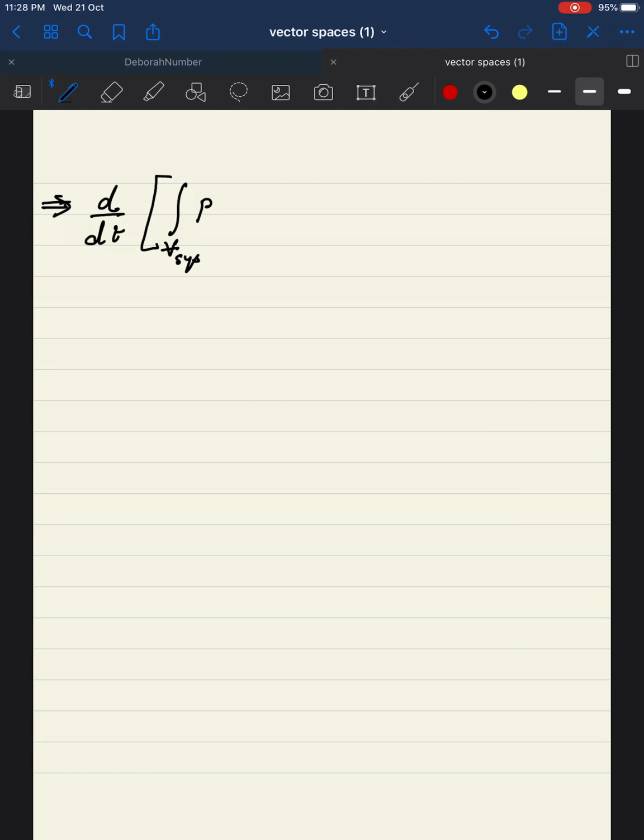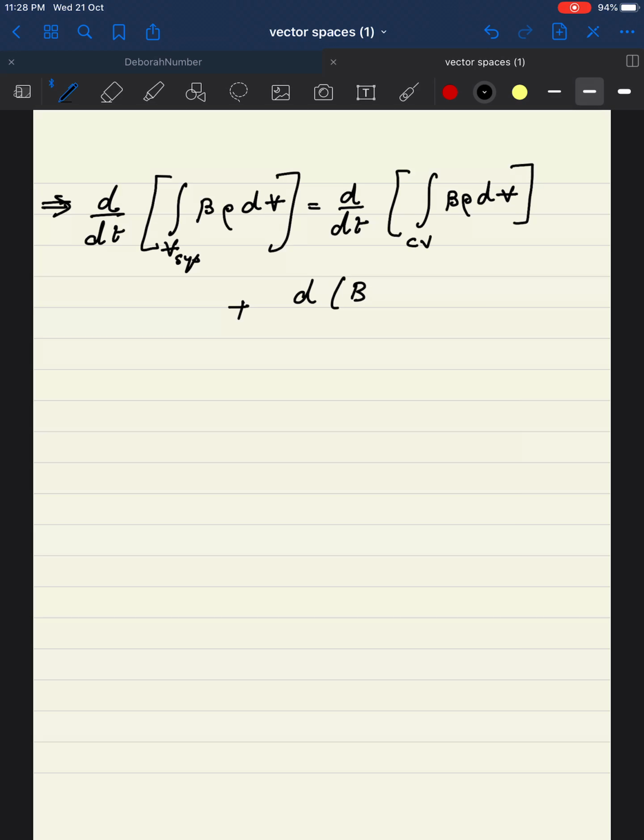So I have the integral of beta rho dV over the system, and this is equal to d/dt of the integral over the CV of beta rho dV, plus d of B out minus B in by dt. Okay.